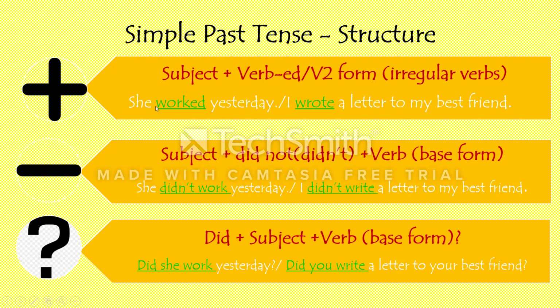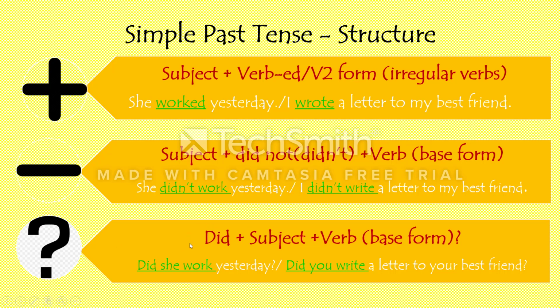So if we have the sentence, she worked yesterday, the negative sentence would be she did not or didn't work yesterday. If we have the sentence, I wrote a letter to my best friend, the negative sentence is I did not or I didn't write a letter to my best friend. Let's go to the interrogative sentences.